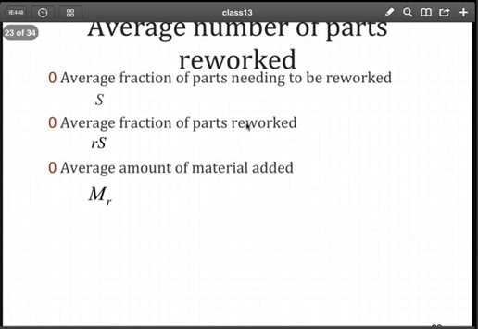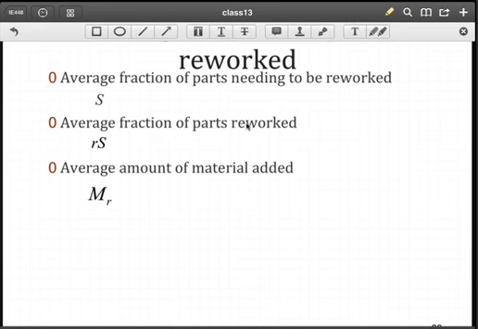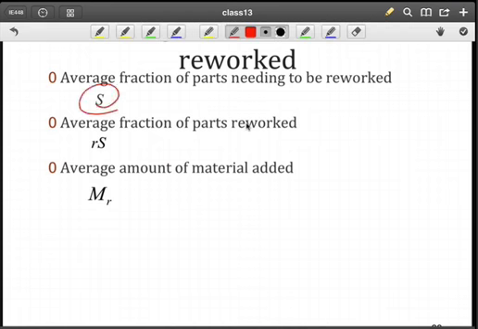If we look at the average number of parts reworked, it'll be based upon the fraction of parts that need to be reworked, which is S, right, our fraction of defective parts. So we multiply R, the probability of successfully reworking, times S. That gives us that average fraction of parts reworked, and if we are adding material, that's the amount of material that we would add on average.